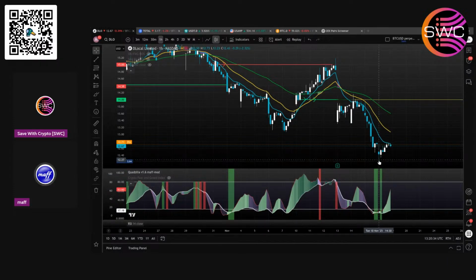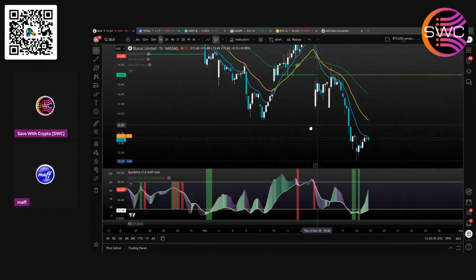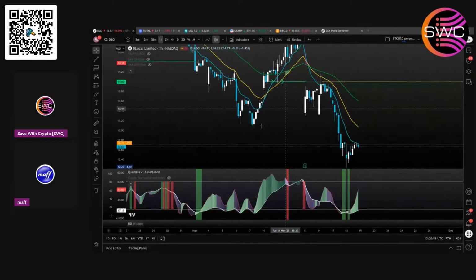You might already be longing that from that bottom, as it's called out there. But even here, if you're waiting for confirmation, then certainly getting above that 9 EMA, as long as that turns around and the price overtakes it, it's coming down a bit now, obviously. But if it can reverse and head up, then that would be a pretty good shout for a long, I would think. And then up to this level, like 14.